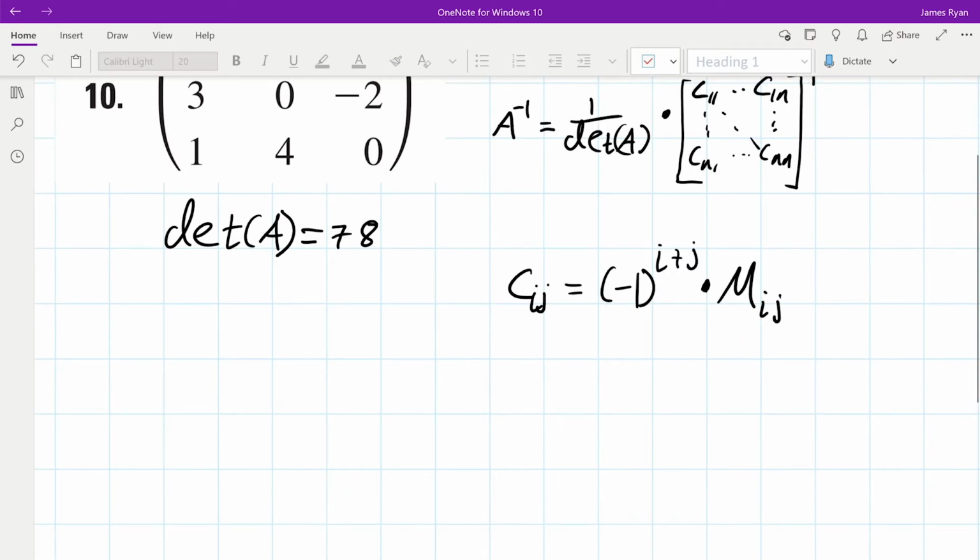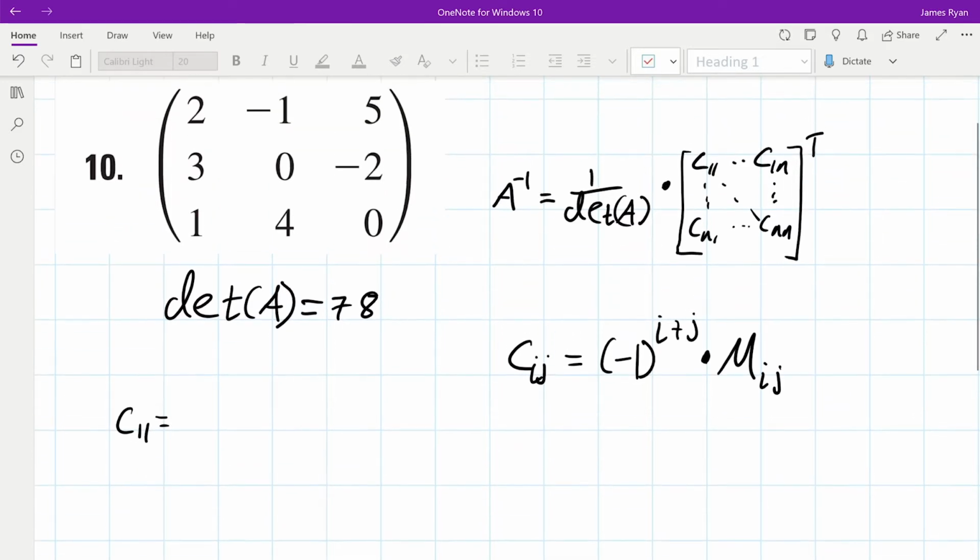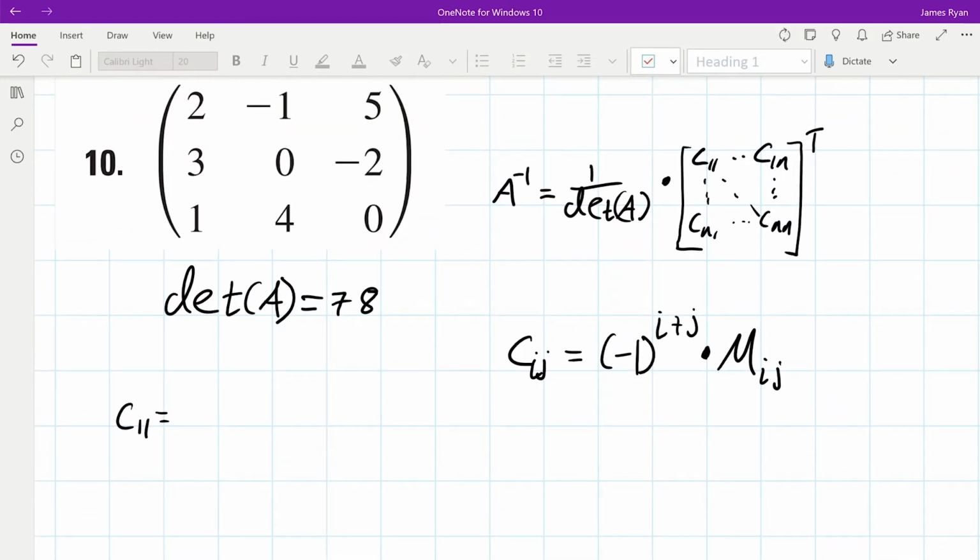C11 is -1 to the power 1 plus 1, which is +1, so +1 times the minor determinant 0, -2, 4, 0.